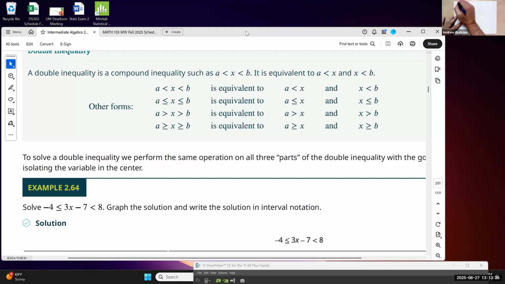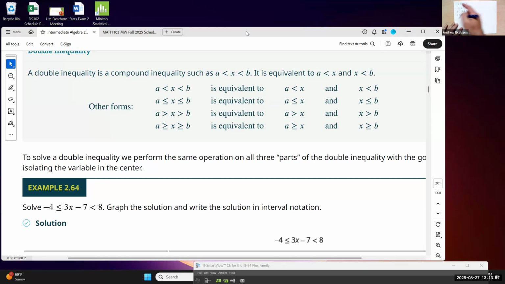And let's say we're looking at something like this. Something like this. Something like that. And something like that.